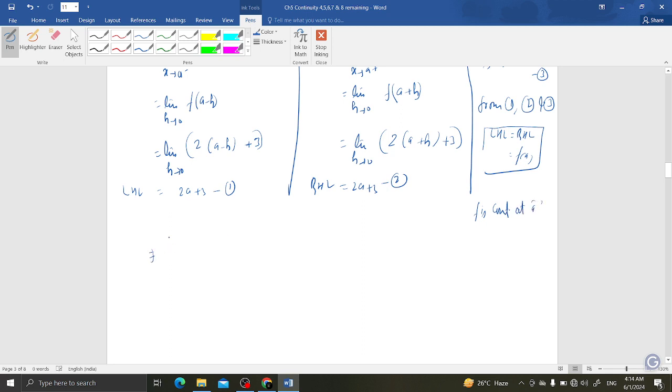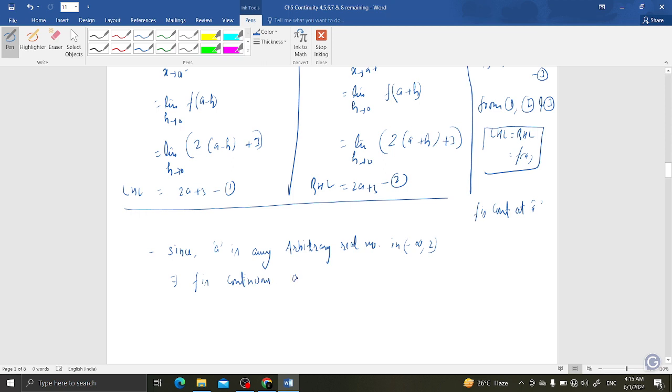And here we need to write the most general statement: since a is any arbitrary real number in minus infinity to 2, f is continuous on minus infinity to open 2.